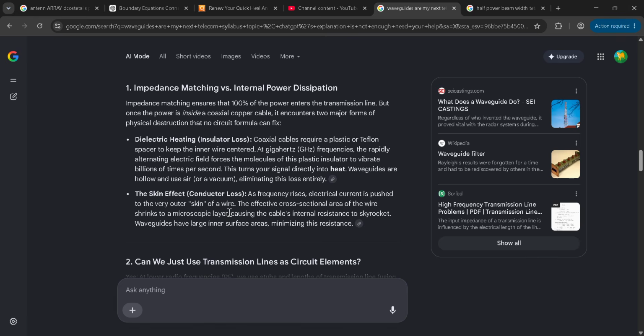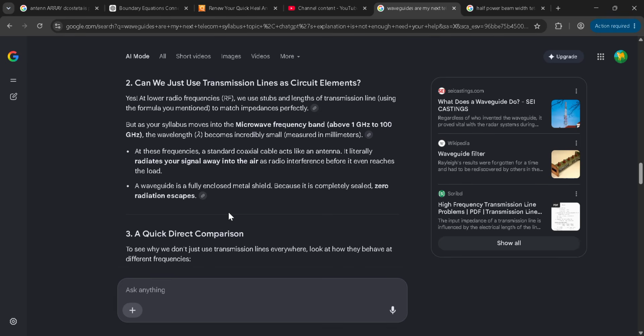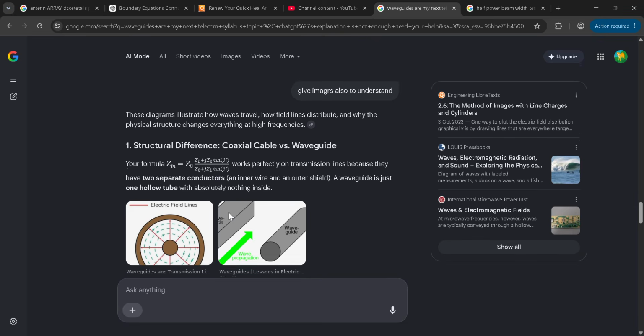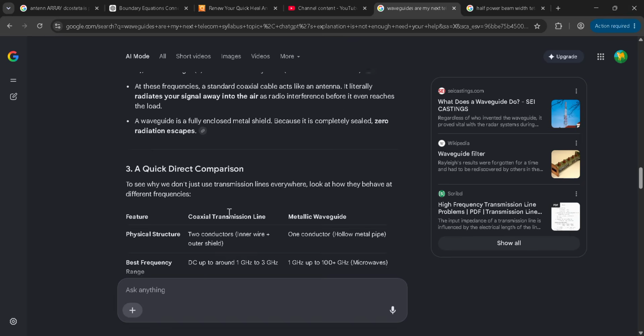The cables have high internal resistance and a very thin cross-sectional area, whereas waveguides have very large inner surface areas, which minimizes the resistance. So can we use transmission line circuit elements as per the law?